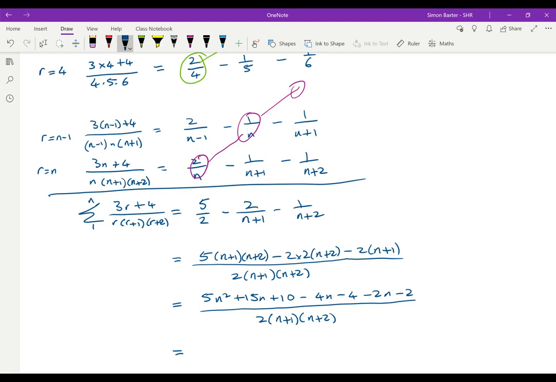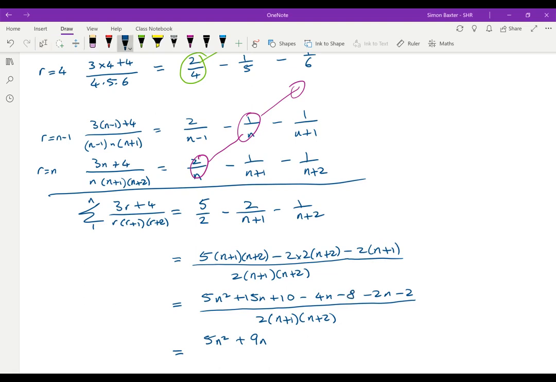Top line, the 5n squared sits as it is. 15n, take away 4n, take away 2n is 9n. 10 minus, and I've made a mistake, that 4 came from, well, it didn't because it shouldn't have done. 2 times 2 times 2 is 8.